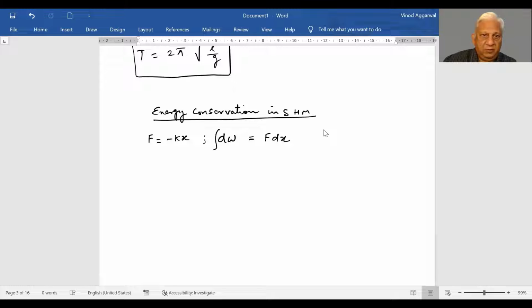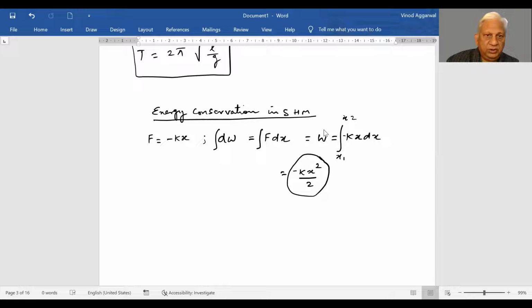And if we integrate the total work, it will be W equal to integral of kx dx from x1 to x2. This becomes kx square by 2. Okay, so this work done, where does it go? This goes in raising the potential energy of the particle.